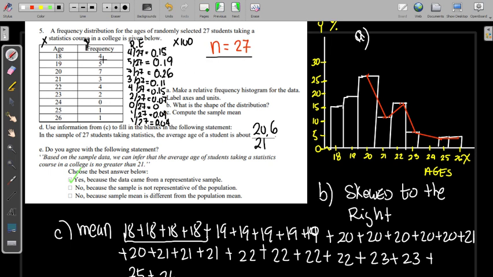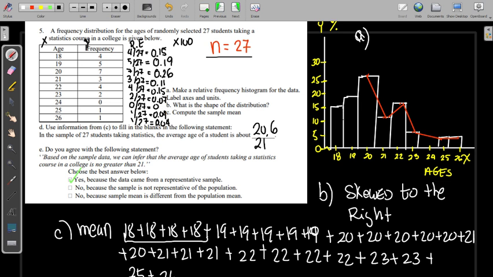So we have to divide each of these frequencies by 27, and we change that to a decimal form. If you want to change to a percentage, you multiply by 100. So if you have a calculator, you can quickly divide these numbers into decimals. We only use 2 decimals.